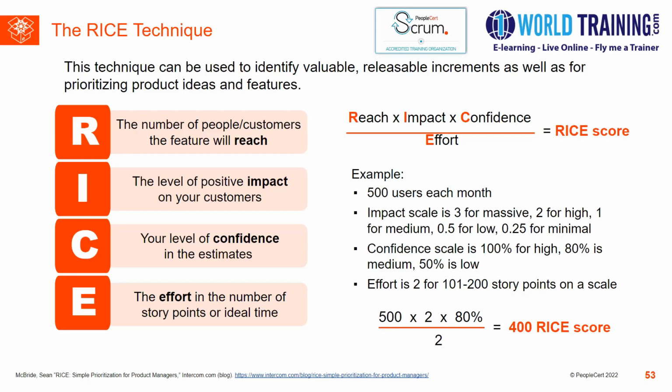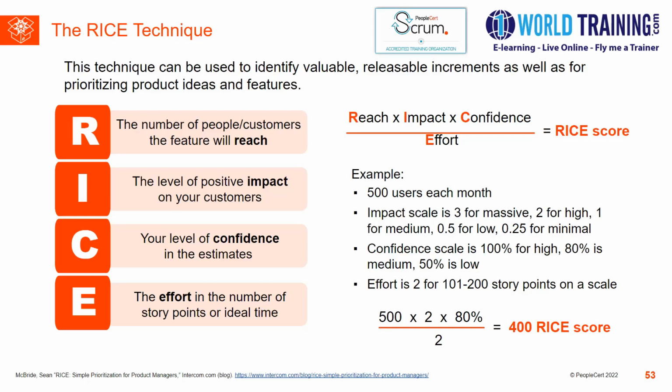The question can be as simple as: the features of the product can reach, say, 1,200 users, it has a massive impact, which is a scale of 3, the overall confidence level is medium, which is 0.8, and the overall effort is again 2.